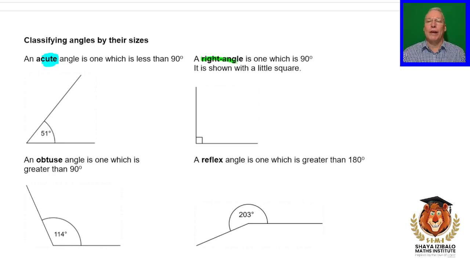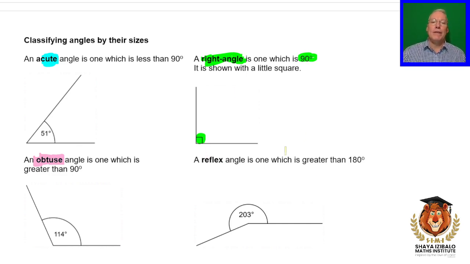On a diagram, we will typically show a right angle with a little square. An obtuse angle is one which is greater than 90 degrees, for example, 114. And then a reflex angle is one which is greater than 180 degrees.